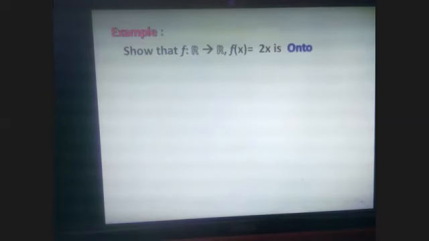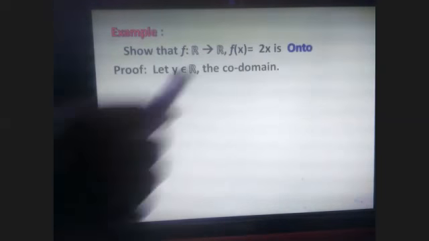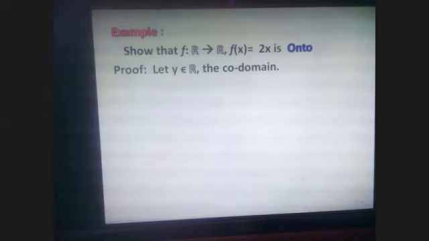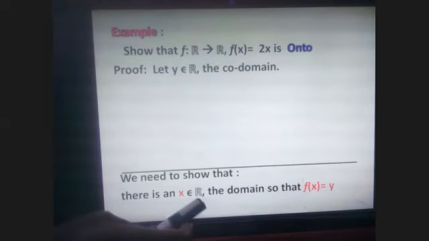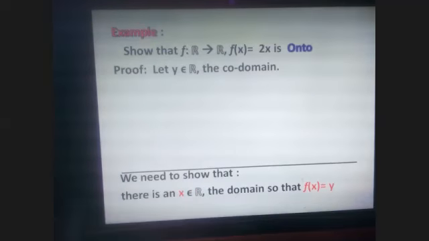Well, if I want to show f from R to R, f(x) equal to 2x, is onto, I must show that for all y in the codomain, what is the codomain? R. For all y in R, I must have an x in the domain. We need to show there is an x in the domain so that f(x) equal to y.